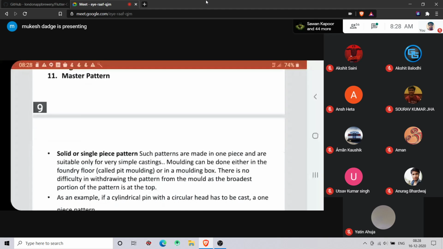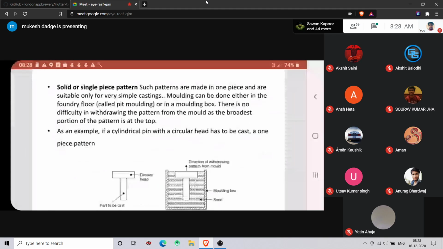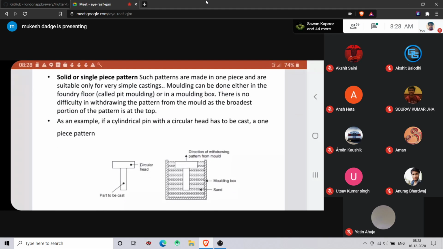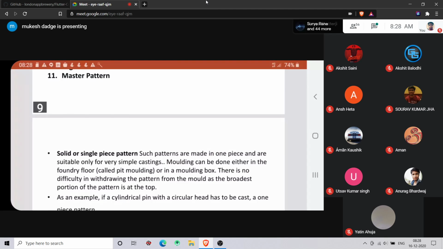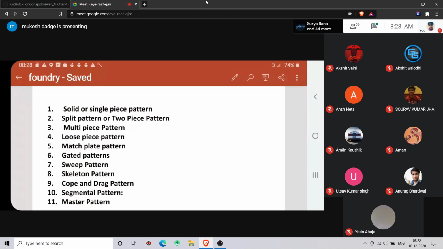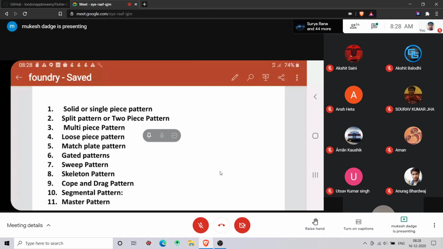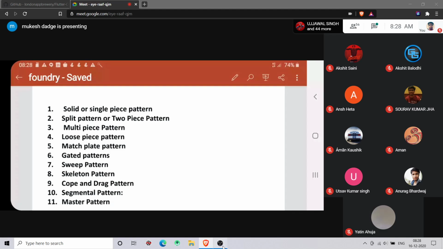I have given only two types of patterns, single piece pattern and two piece pattern. This is available in the book, this is for your further study, and this is there in the BME Part B section, Chapter number 6. We'll see again in that BME subject.